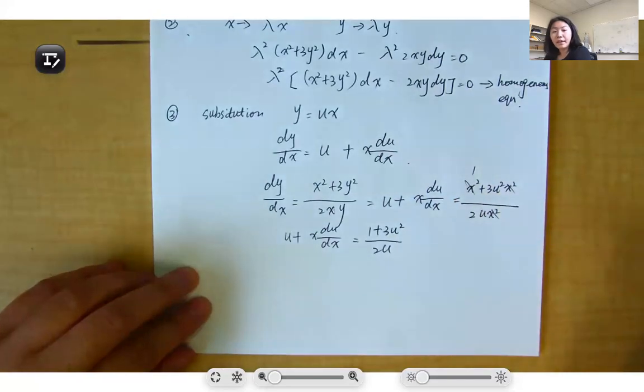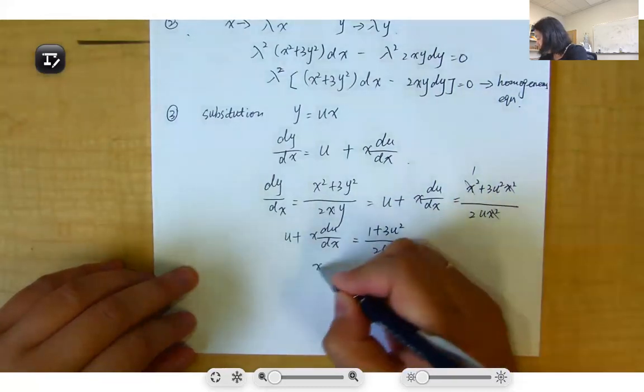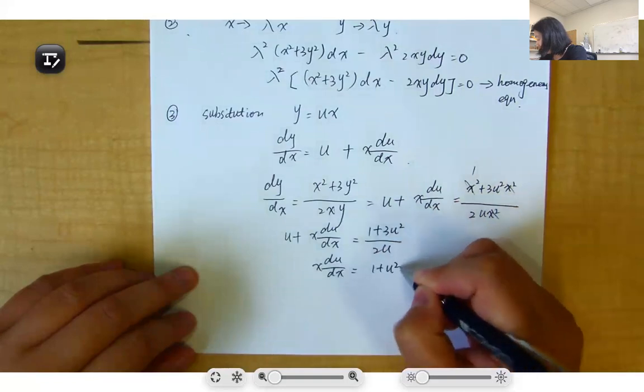Okay? And we can make it a separable form. So x du over dx will be equal to (1 plus u squared) over 2u.